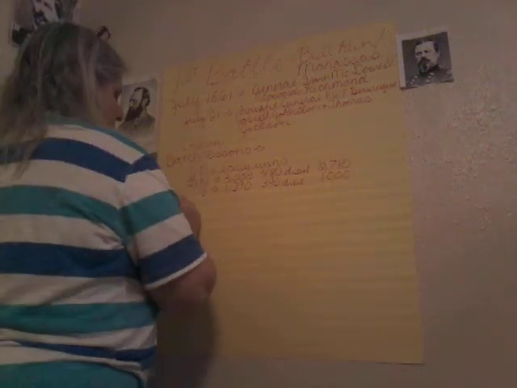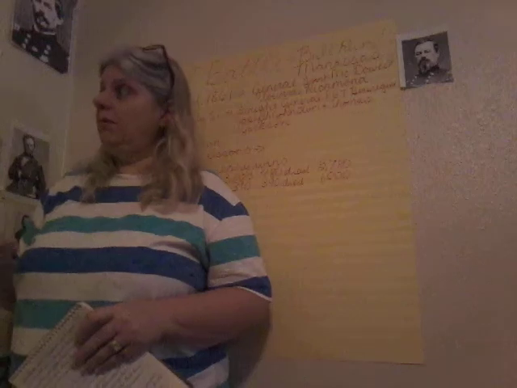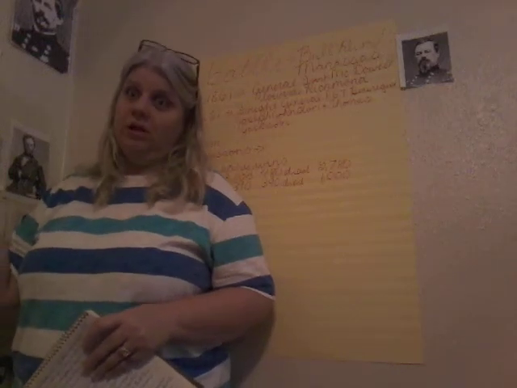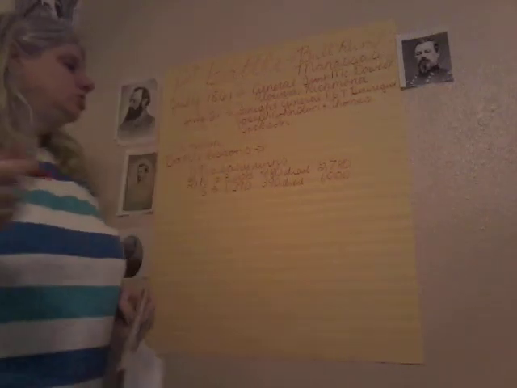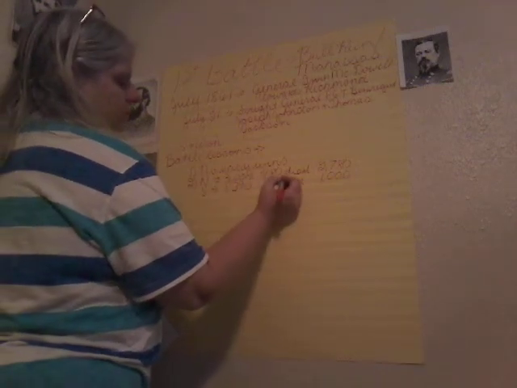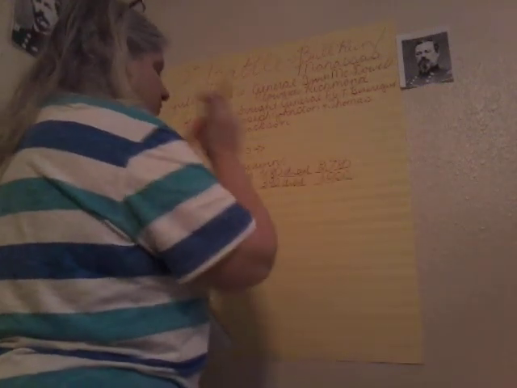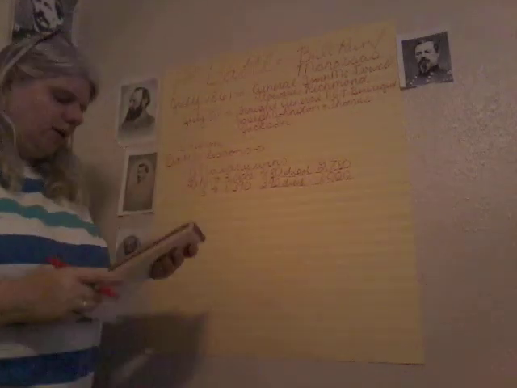Okay? Even though the North lost more men, right? They have more men to choose from. Remember, they got 22 million people versus 9 million people. So you might say, oh yeah, look, the South, they won. But remember, these numbers are a smaller percentage for the North than they are for the South.